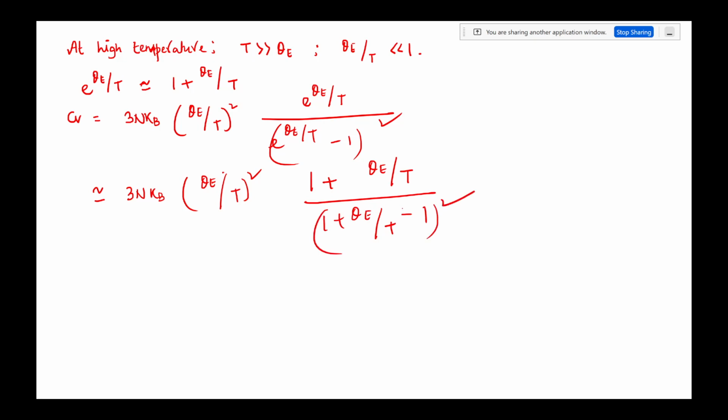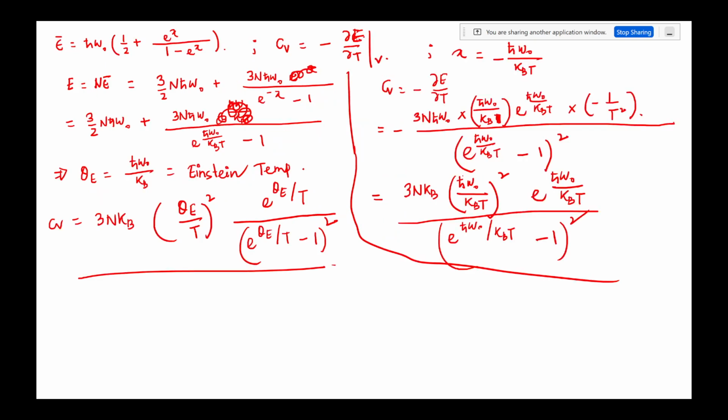So theta E by T cancels out, and only this one remains. I can write this average energy too.